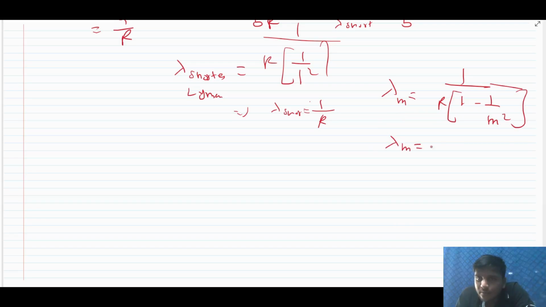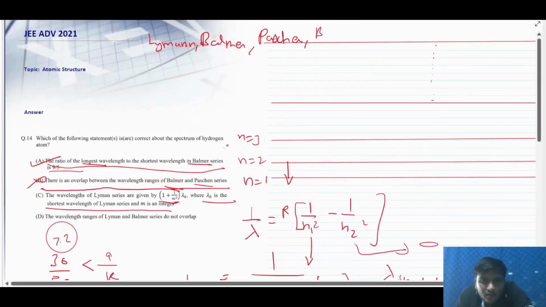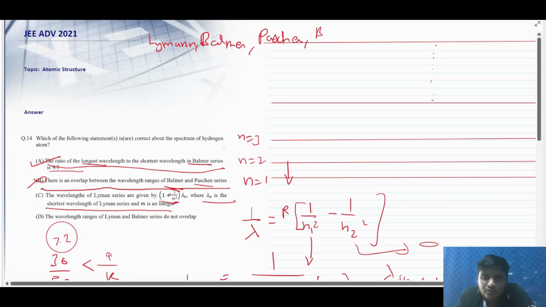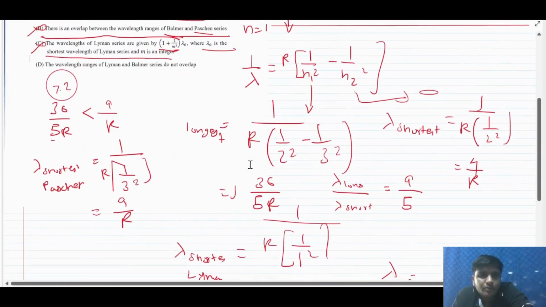Since 1 by R is lambda naught, lambda m is lambda naught times (1 minus 1 by m square). Is this the same as given in our option? No, it is different, as it is given as 1 plus m square, and it is also in the numerator. So this formula is incorrect. Hence option C is also not right.